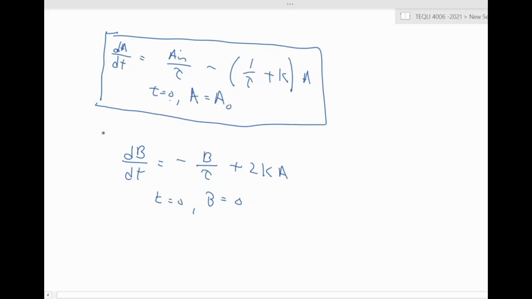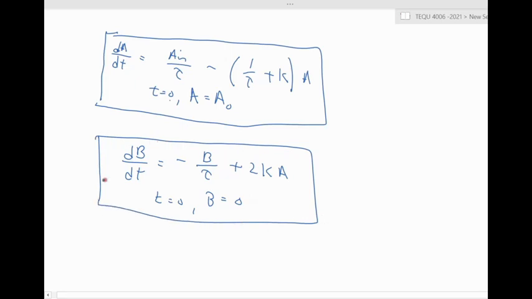So I have here my 2 differential equations for my CSTR mass balance for a reaction of the type A, an irreversible reaction forming 2B. Now, how do we solve this? This is the first part.